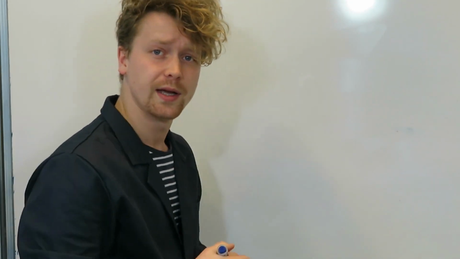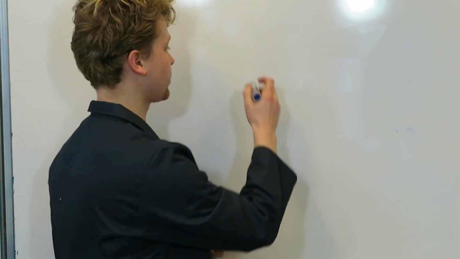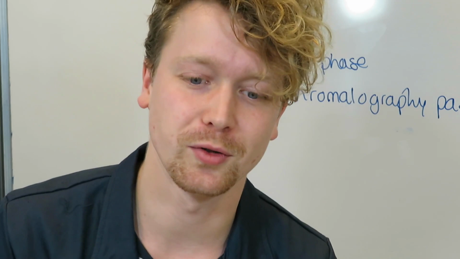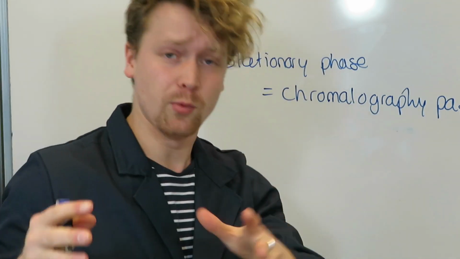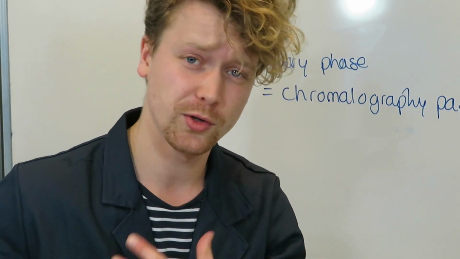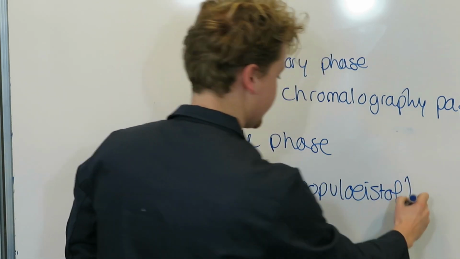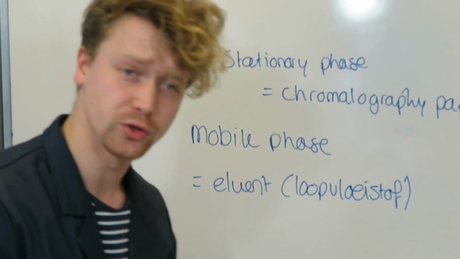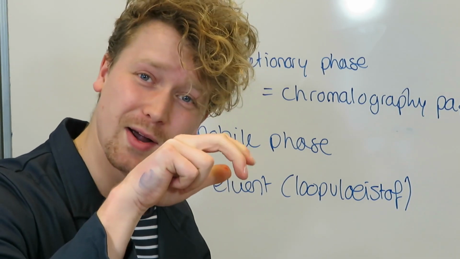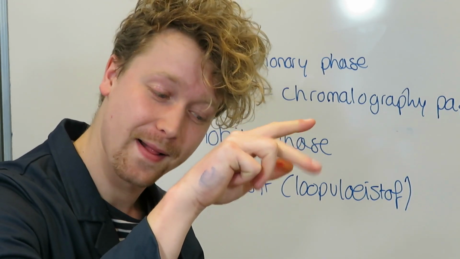I was just talking about the stationary phase. The stationary phase is the chromatography paper. Oh, it says paper, I'm sorry. Then we also have the mobile phase, and this is called eluent. In Dutch we call this the loopvloeistof, because it elopes.